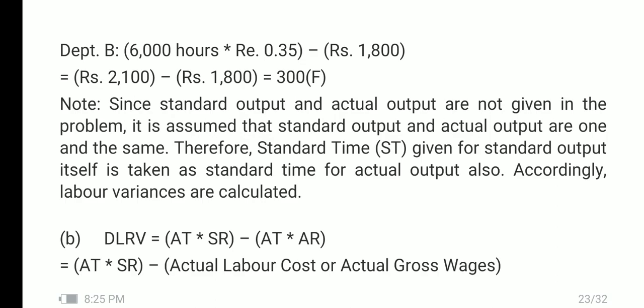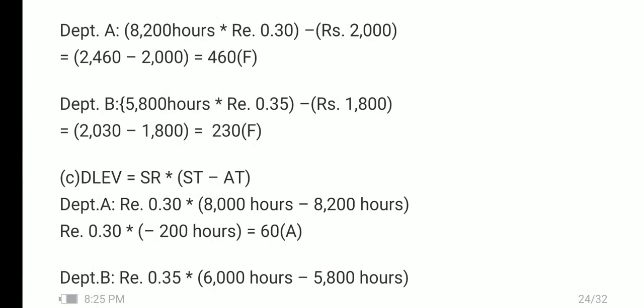Now 80 into SR, that is the standard labor cost for actual time, is to be computed. 80 into SR for department A, 8200, that is the actual time taken, into standard wage rate 0.30, minus 80 into AR, it is readily available, rupees 2000. So 2460 minus 2000 will give us 460 favorable.